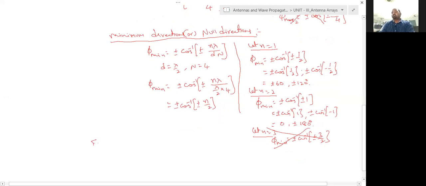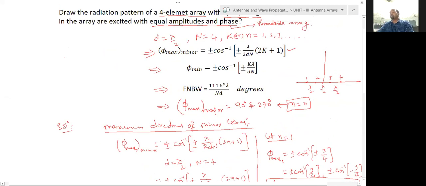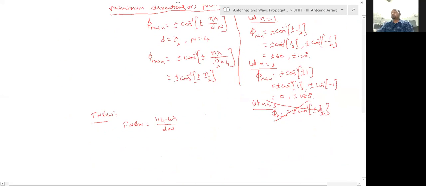And now the first null beam width is equal to 114.6 lambda by dN. Let me check. 114.6 lambda by dN. So this is equal to 114.6 lambda by 2 into 4 lambda, and this is equal to 114.6 by 2, which is equal to 57.3 degrees.